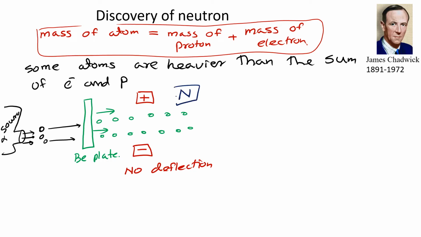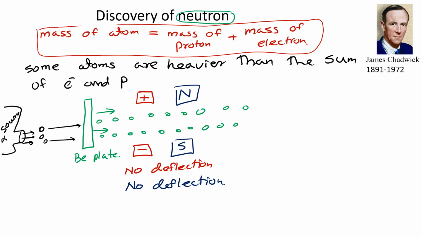He placed magnets and provided a magnetic field. Again, there was no deflection. So he found that the particles emitted from the beryllium sheet are neutral. It has no charge and it doesn't show any activity in the presence of a magnetic field.